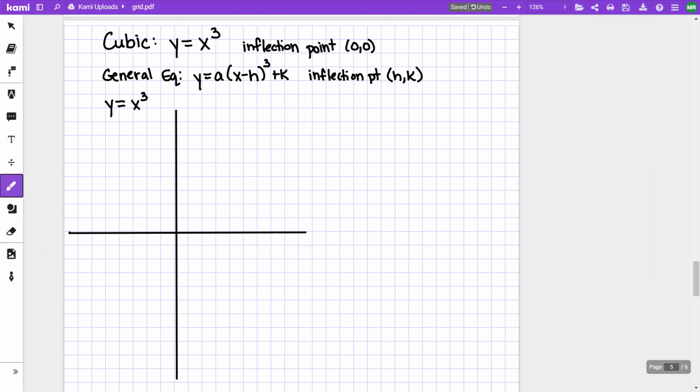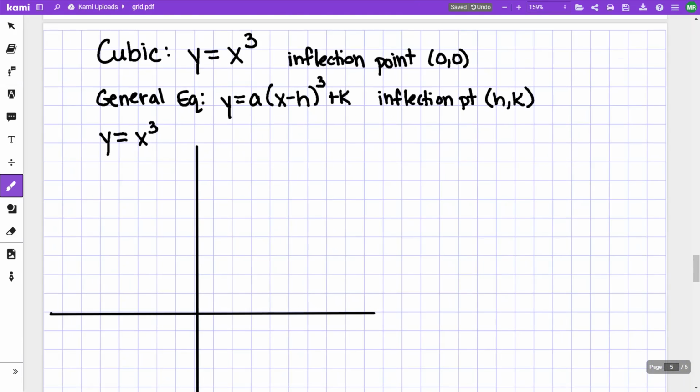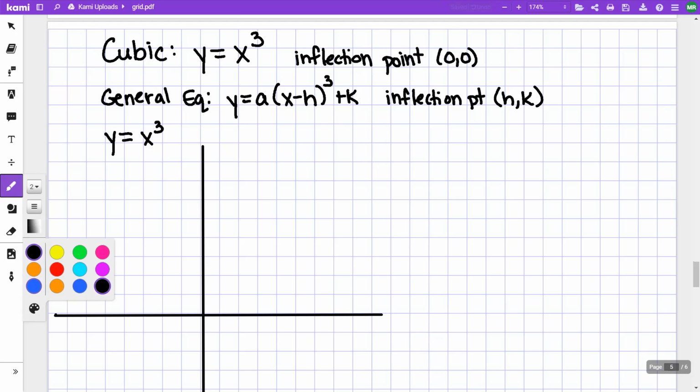So I'm cubing numbers. What's 0 cubed? 0. What's 1 cubed? 1. What's 2 cubed? So when I go to 2, I'm going to go up to 8 because 2 cubed is 8. So 1, 2, 3, 4, 5, 6, 7, 8.